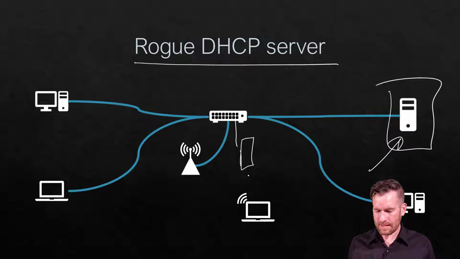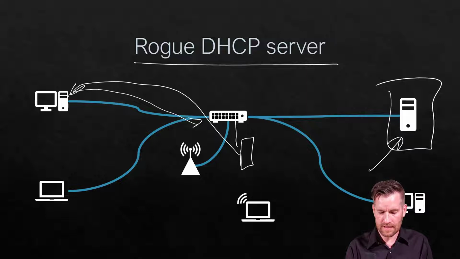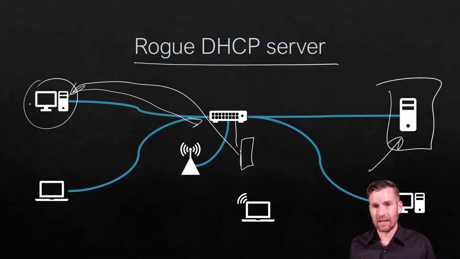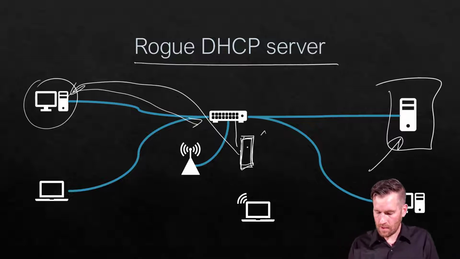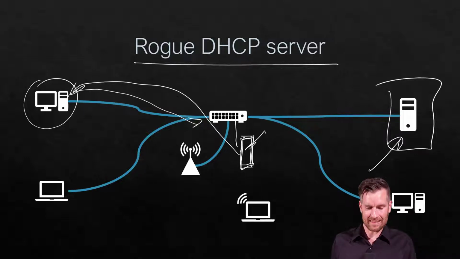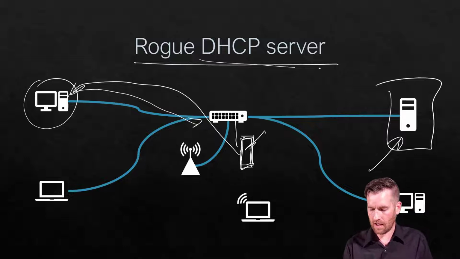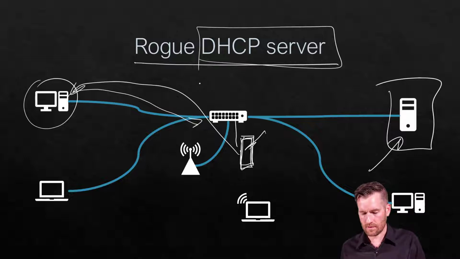Then when this machine makes a request for an IP address, my machine gives it an IP address that can work on this network, but also says, I am your router, so everything goes through me, or I am your DNS server, so everything goes through me. It could really specify anything, since the client is getting all of its information from the DHCP server. So it could really control what this device is using.